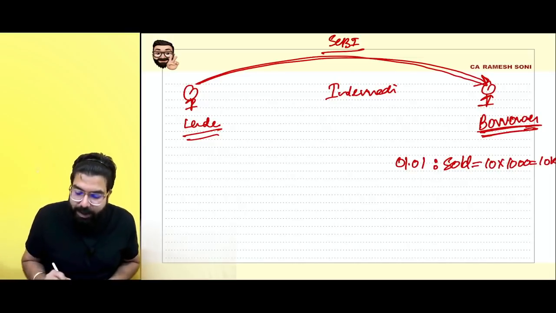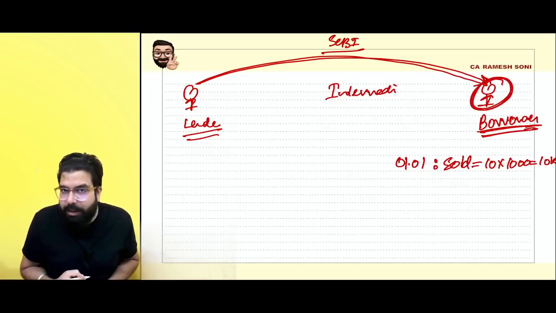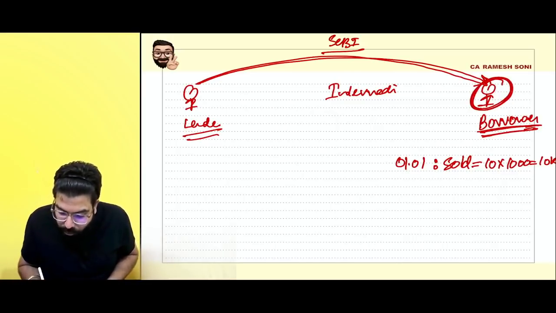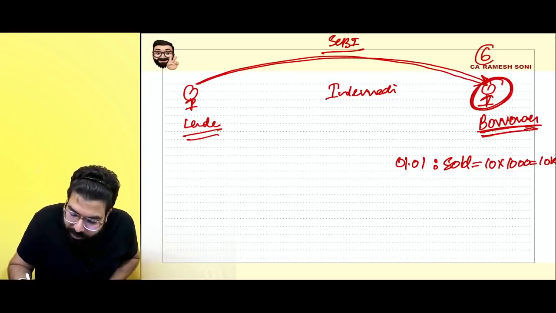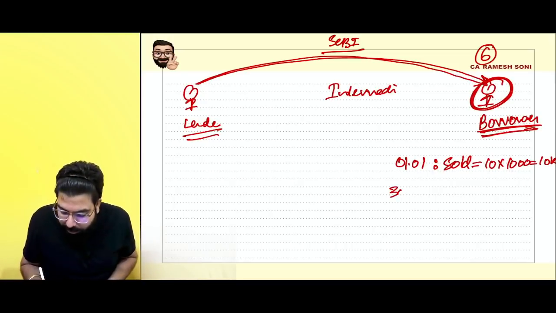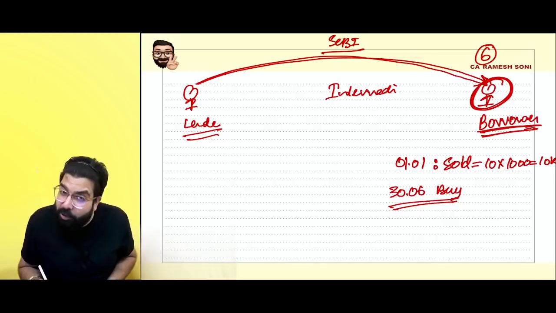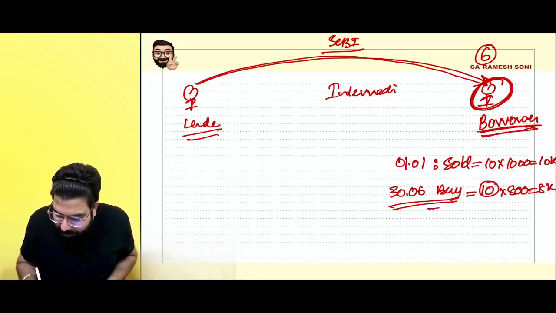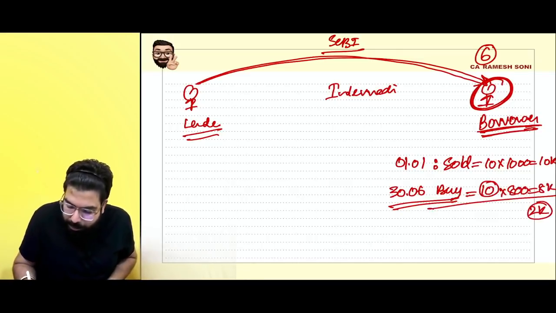Okay sir, then what happens? The borrower after some time has to return the securities. For example, he had borrowed them for 6 months. On 30th June, he will have to buy back the shares. When he goes to buy back, he knows the price would have gone down, and he buys the 10 shares back from the market at 800 rupees, spending 8,000 rupees. Ultimately he made 2,000 rupees.